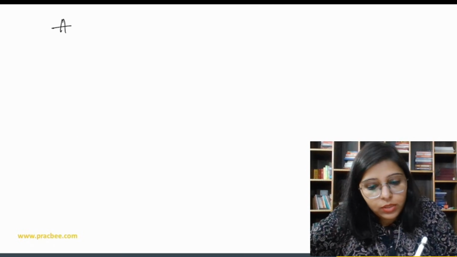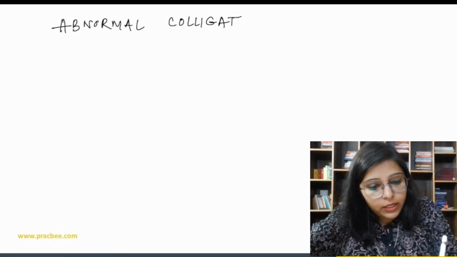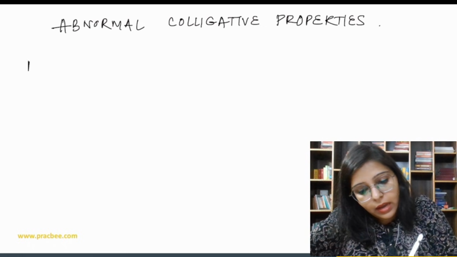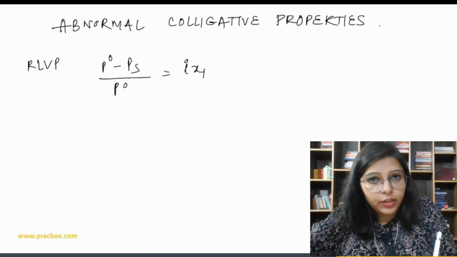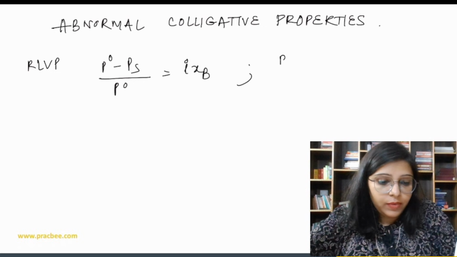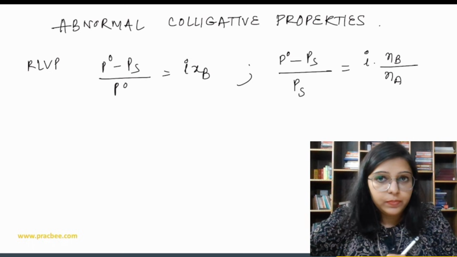Now, due to this, we have abnormal colligative properties. In abnormal colligative properties, the RLVP is (P naught minus Ps) upon P naught, which is i into the mole fraction of solute. Or we can say (P naught minus Ps) with respect to Ps is equal to i into number of moles of solute upon number of moles of solvent.